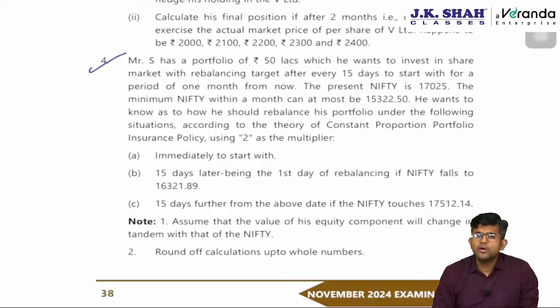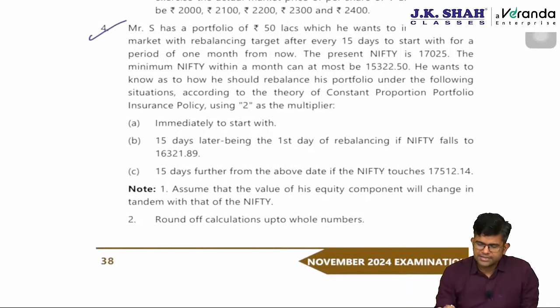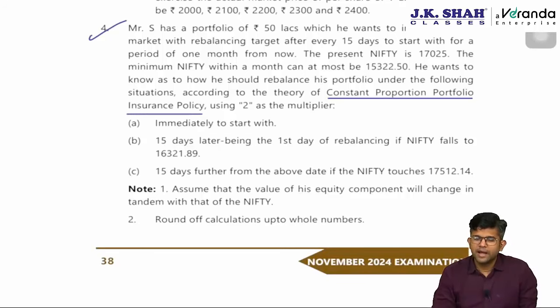In portfolio rebalancing, they have given 3 techniques of how one can manage your portfolio. One technique is called the buy and hold strategy. One is called the constant mix or the constant ratio policy. And one is this CPPI, constant proportion portfolio insurance policy, on the basis of which this sum has been asked.